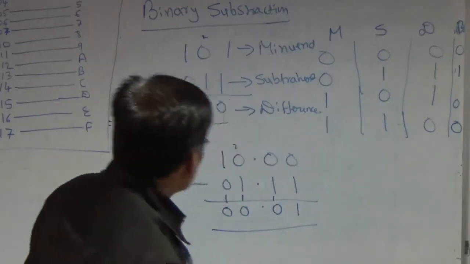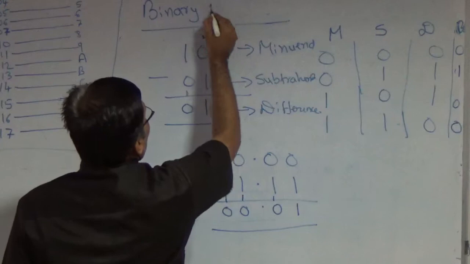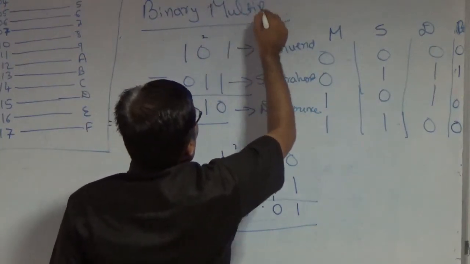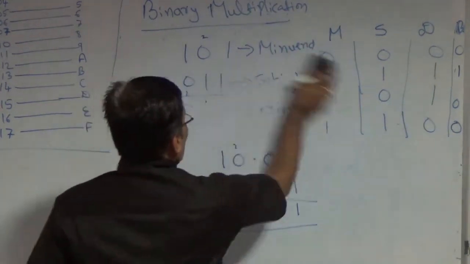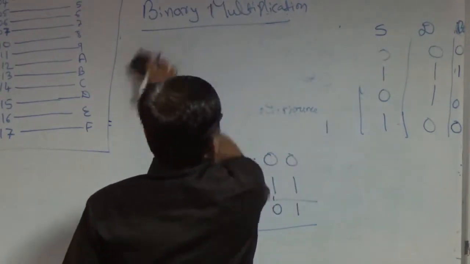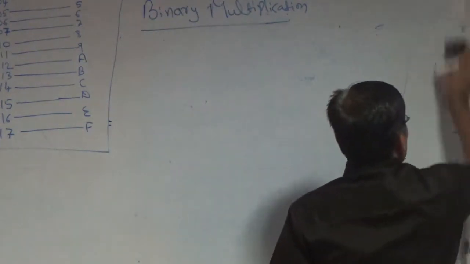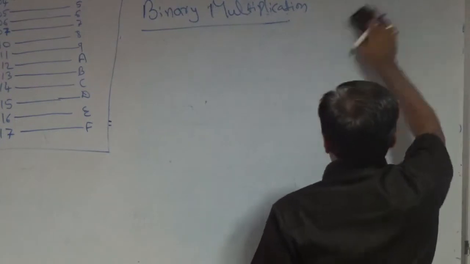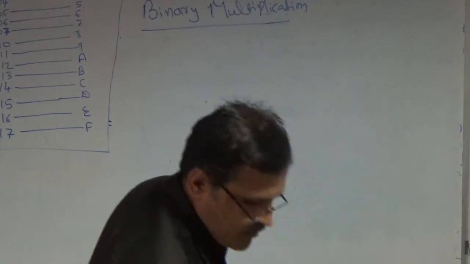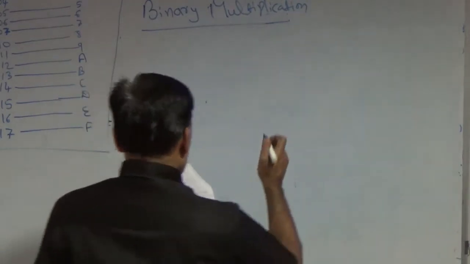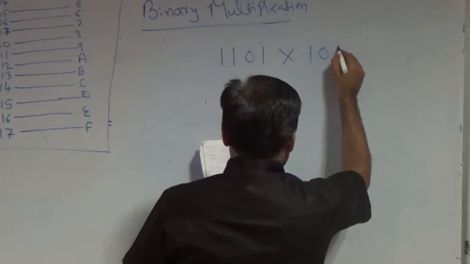Then similarly, the third binary arithmetic operation is multiplication. So consider the numbers 1101 into 1011.